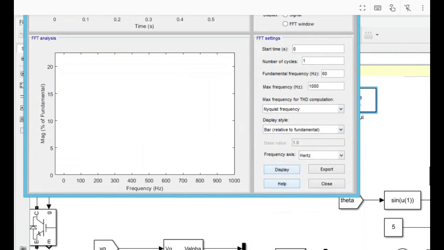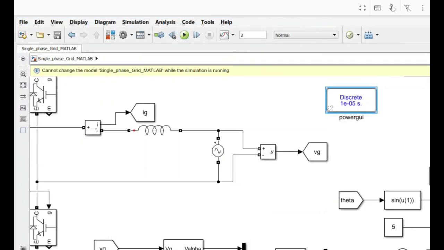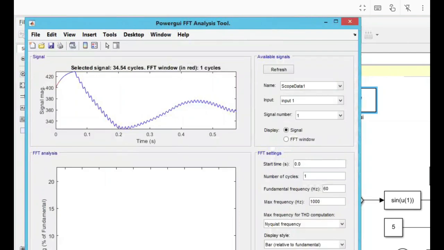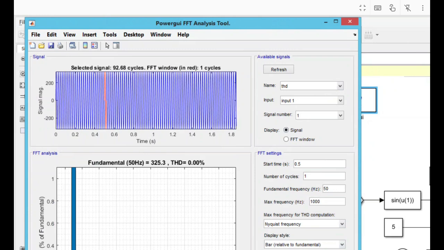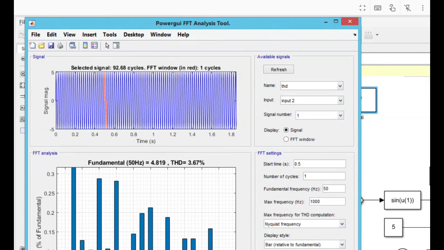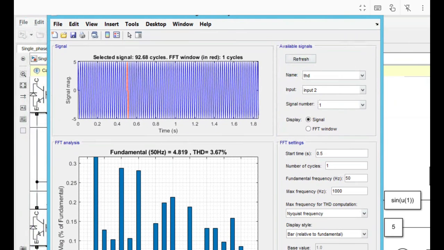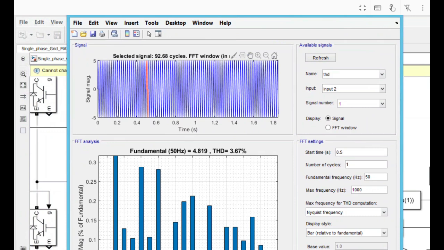In THD, for the frequency I'll select 50, and start time I'll select 0.5, and for one cycle I am making a THD. So this is for the voltage. Now for the current, the THD is 3.67%, and the fundamental is 4.819.